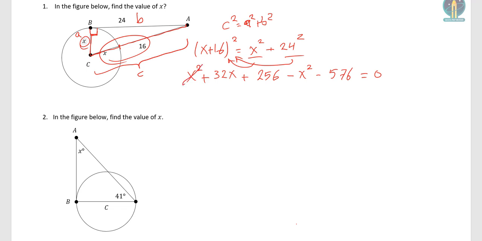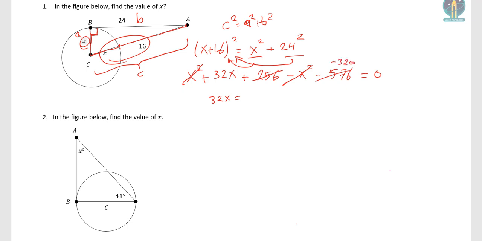So x squared minus x squared goes away. 32x equals 256 minus 576, which is minus 320.